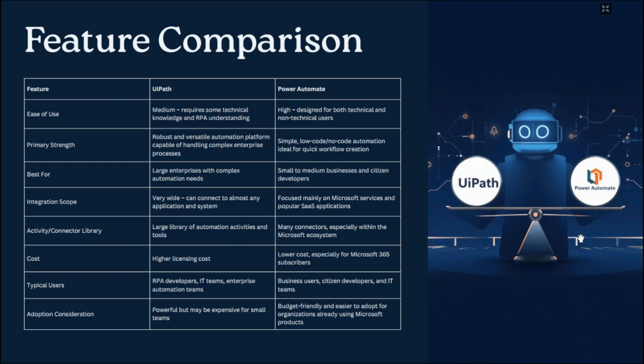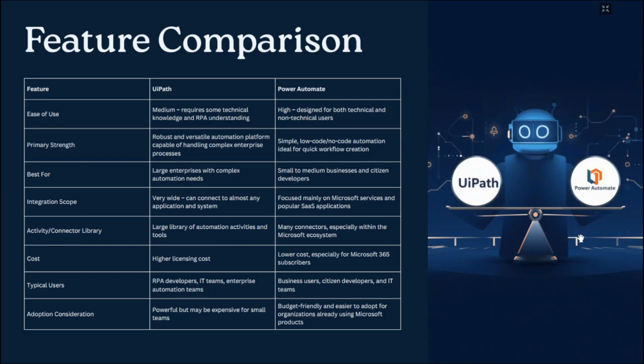So if we talk about the cost now: higher licensing cost for UiPath, lower cost for Power Automate, especially for Microsoft 365 subscribers. So the best point for Power Automate here is that it has lower costs as compared to UiPath licensing cost, where it beats UiPath in comparison, because the licensing cost of Power Automate is quite low.